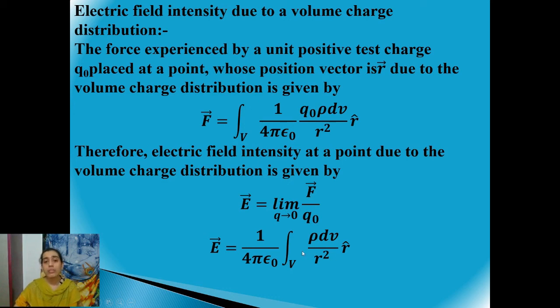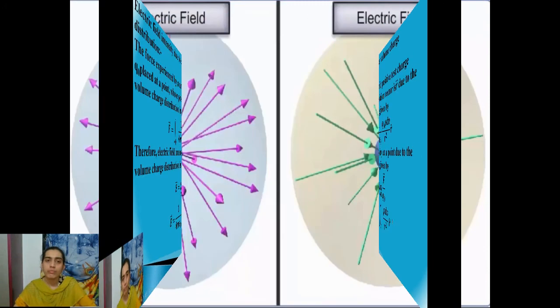Right? So as you see here, the numerator Q naught cancels with the denominator Q naught and the remaining terms come in the final expression. So this is the electric field intensity due to different continuous charge distributions.